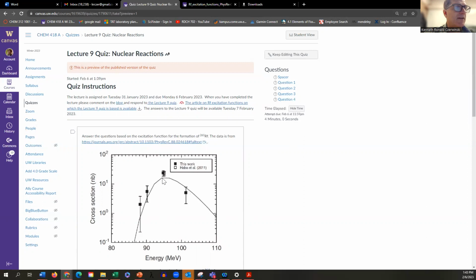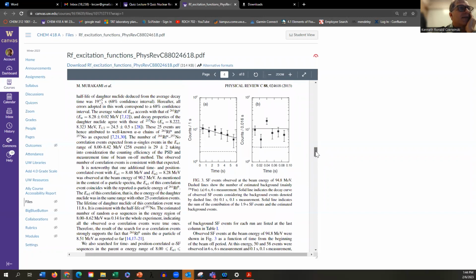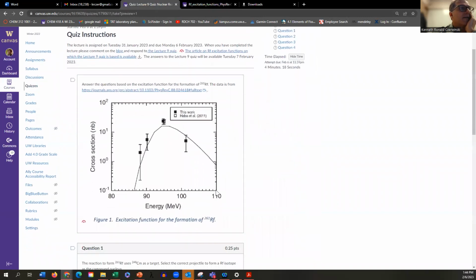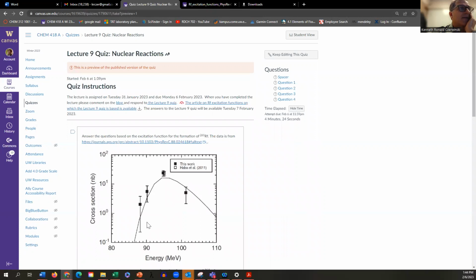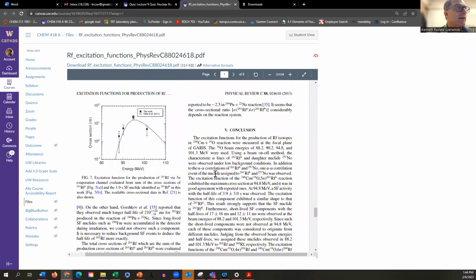As I get more energy into the system, the cross section for this specific reaction, which if we remember is for rutherfordium-261, so this is a 5n reaction. Why does it go down if the energy increases? I think the figure over here might have it. No, it doesn't say specifically that's the 5n reaction.